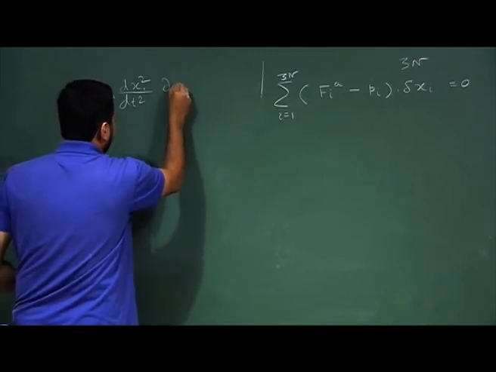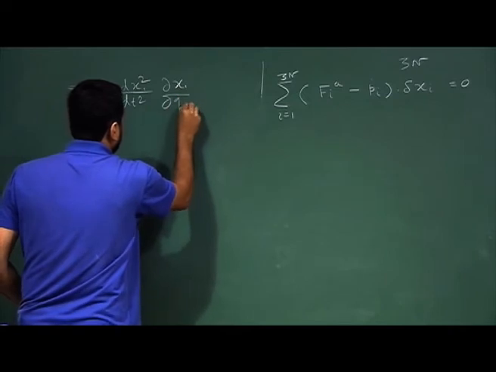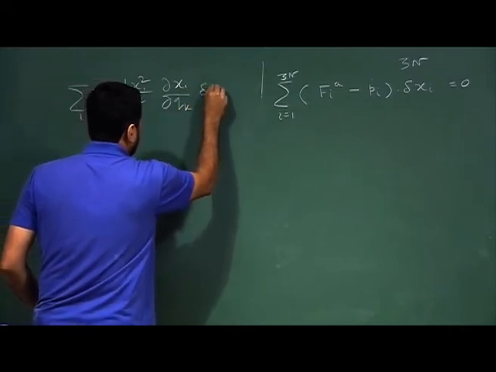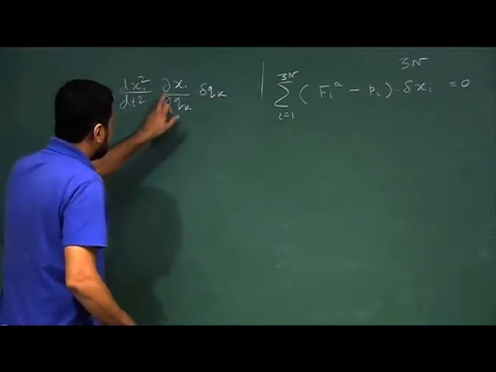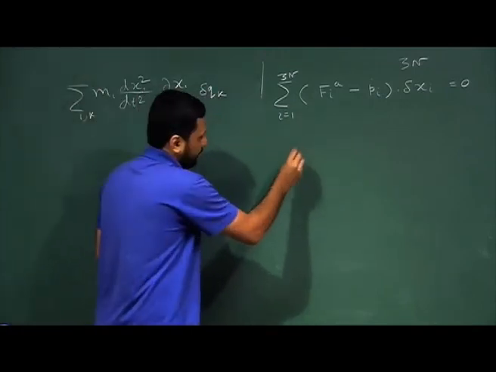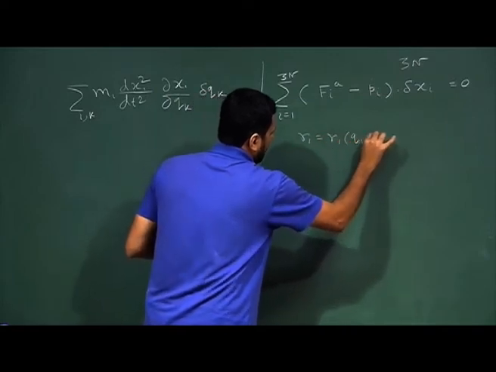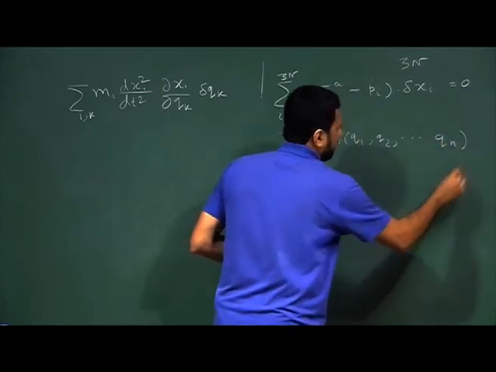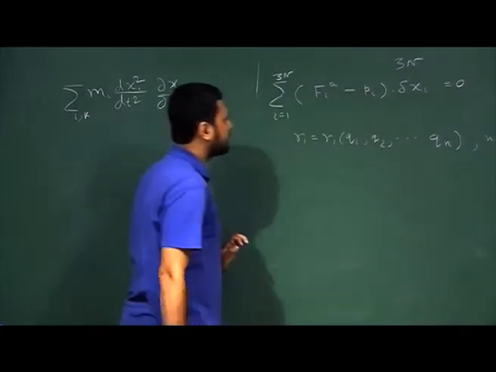Instead of this xi, we can convert it in terms of the generalized coordinates. We have to add another sum. This operation I will justify now. Remember, there were these transformation equations. We wrote R1 equal to R1 of q1, q2, up to qn, where n is equal to 3N minus k.